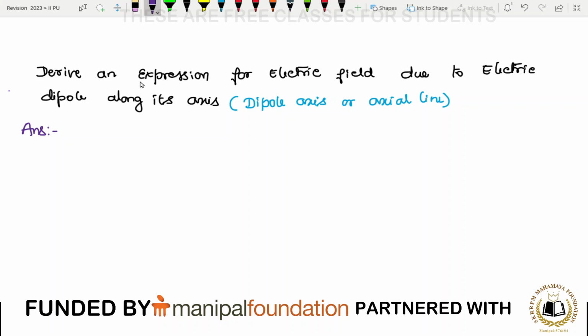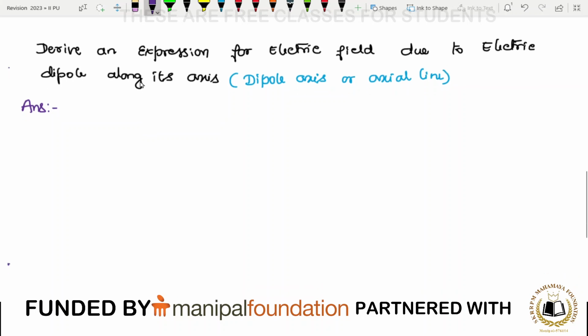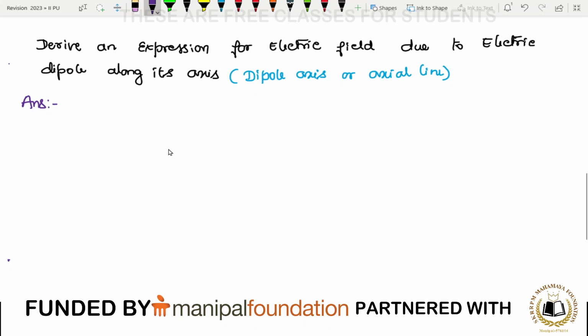Okay. So first we'll learn what is electric dipole. A pair of equal and opposite charges separated by a small distance. So I'll take one charge here and one more charge here. One positive charge I'll take, another one is negative charge. This is plus q and here is minus q. These two are separated by a small distance.